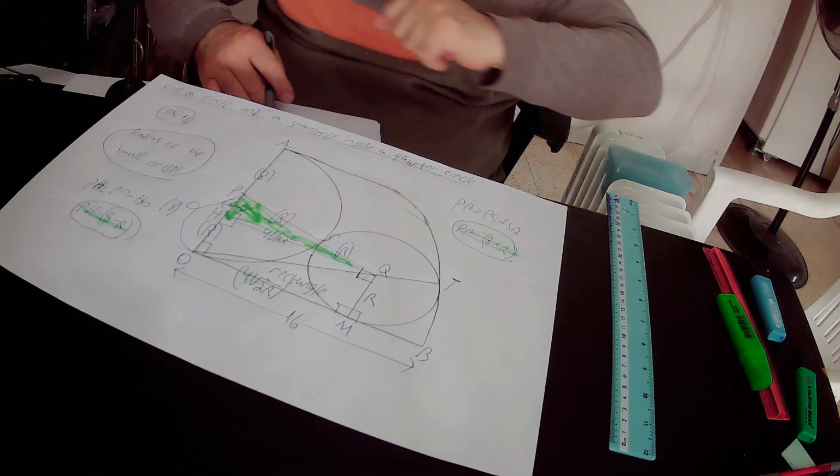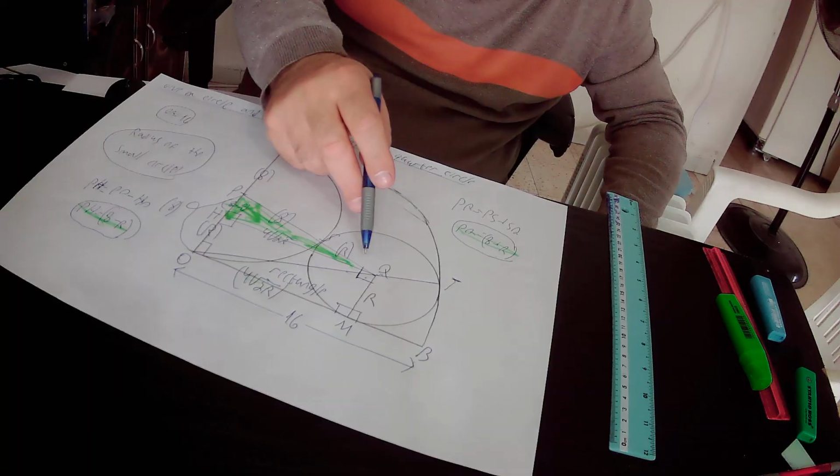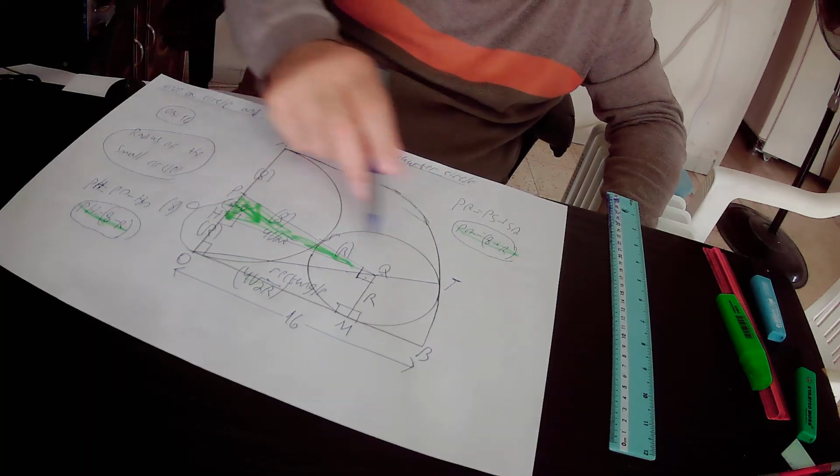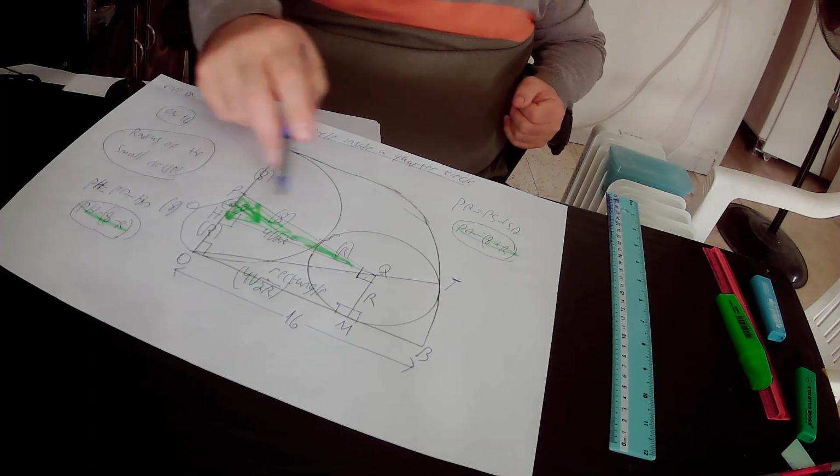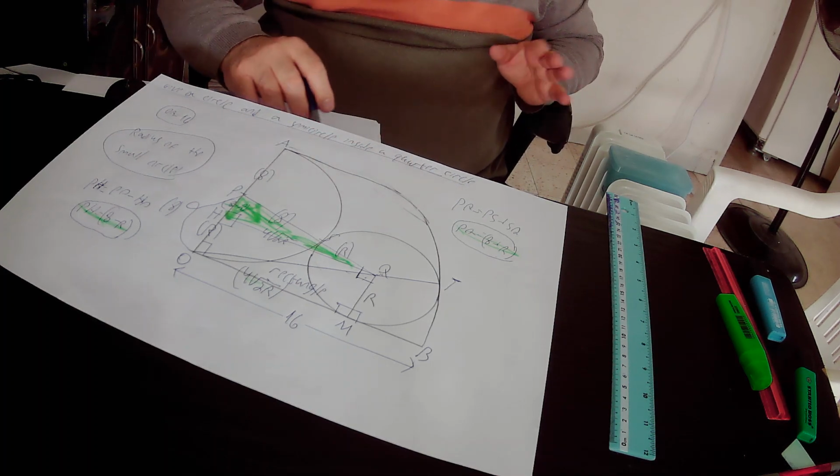From the drawing, you can see that the straight line OQ passes through point T. OQT is one straight line according to rule 9.